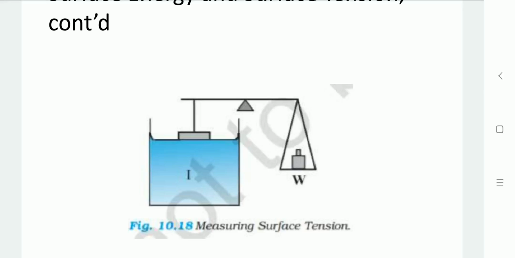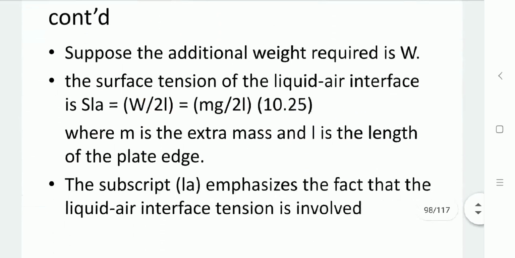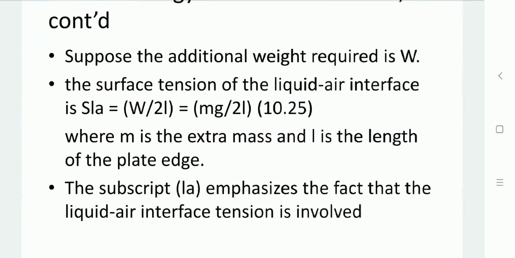The surface tension of the liquid-air interface, S L A, the surface tension between liquid and air, would be equal to W by twice L, which equals m g divided by twice L. Here m is the extra mass and L is the length of the plate. S L A gives the surface tension between liquid and air.